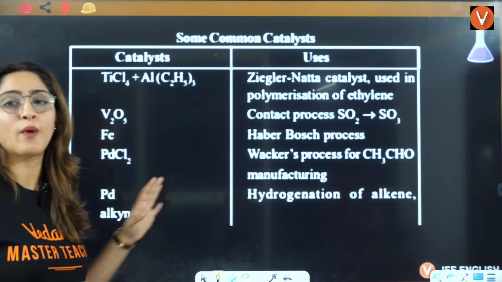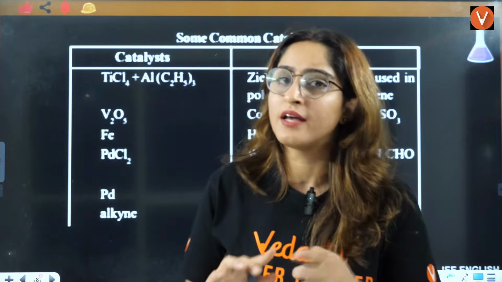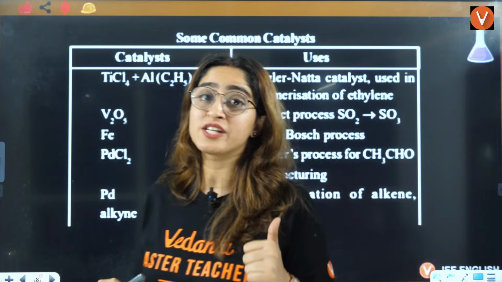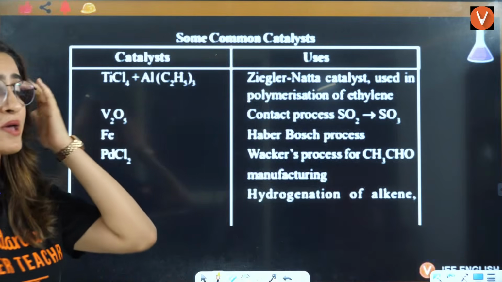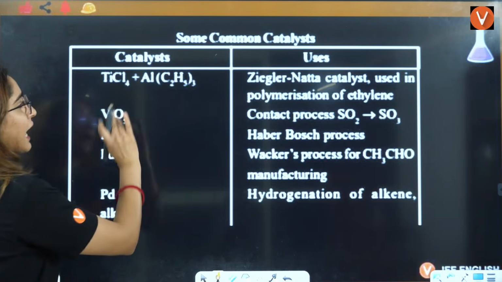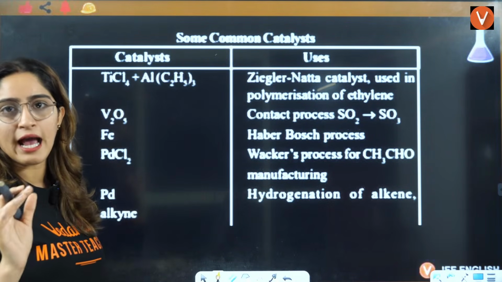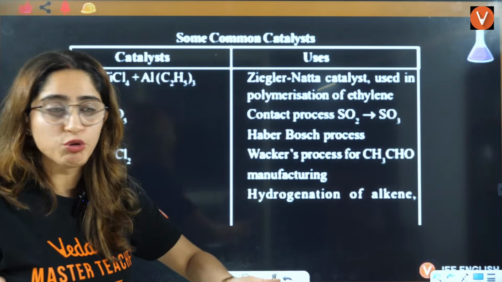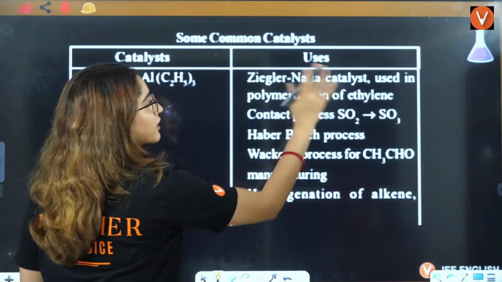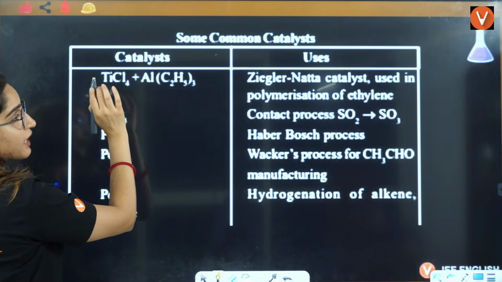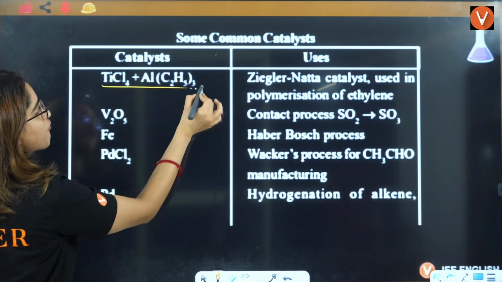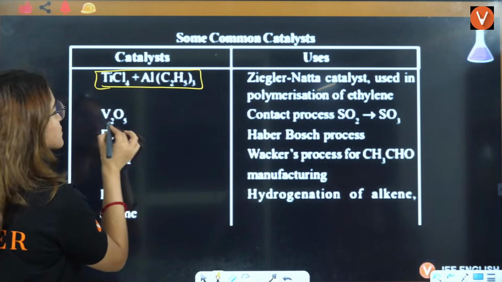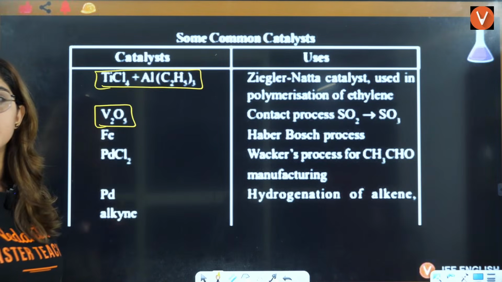Now, another question that can be asked is, first is how they show catalytic properties. Next question they can ask you is a factual question based on a reaction: in this reaction, what is the catalyst that you use? For example, Ziegler-Natta catalyst is used in polymerization of ethylene, right? In the contact process, you use vanadium oxide, that is V₂O₅.